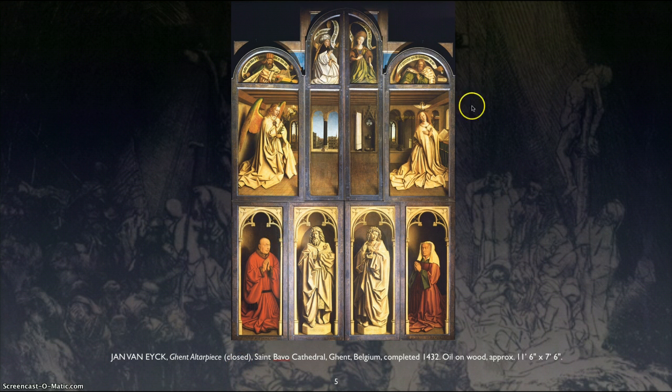Notice the detail work. This is oil paint, so he could take weeks and weeks and weeks to work just on that face. And these are the people who donated the money to have this piece created. So more than likely they're very, very wealthy, and they're giving this piece to their local parish as a devotional piece. Okay.